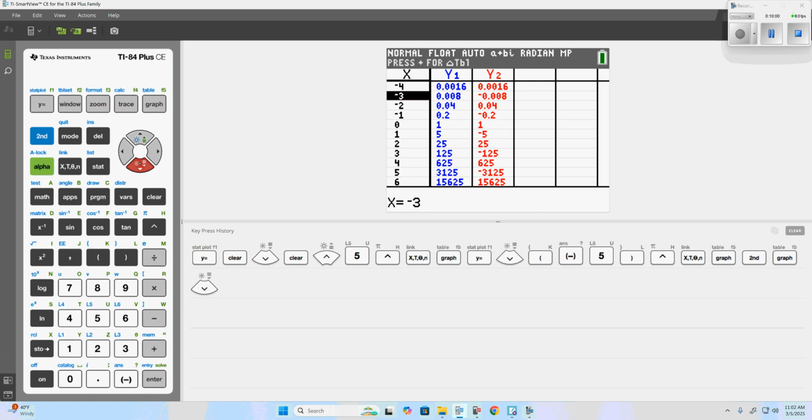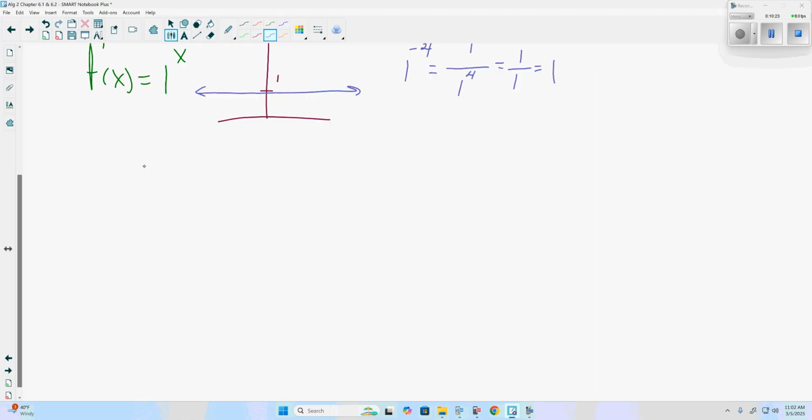Mainly because the y values in blue and red are similar, but the red is switching from positive to negative. So it's actually jumping from one point to the other. It's not a continuous function. If we go 1, negative 5, 25, negative 125, 625. So it's not going to be growth or decay, especially if that base is negative.